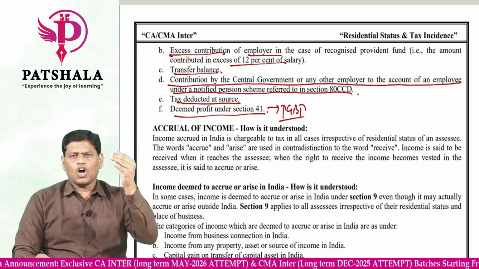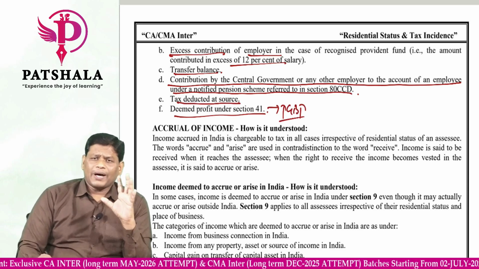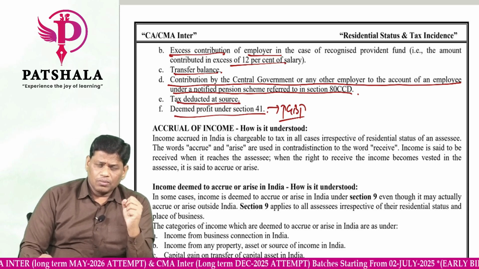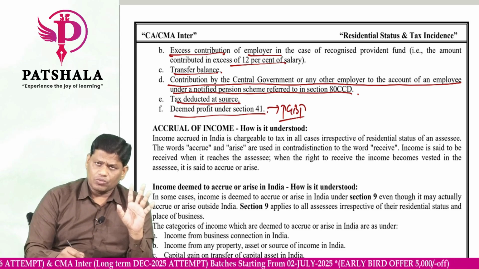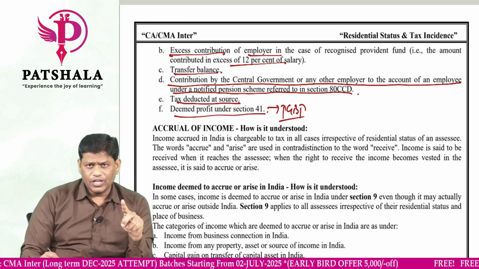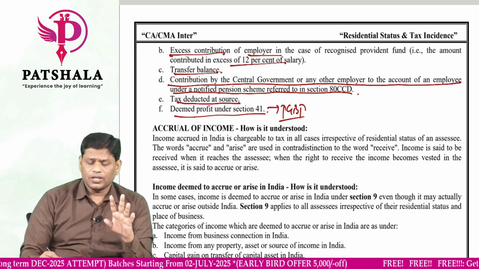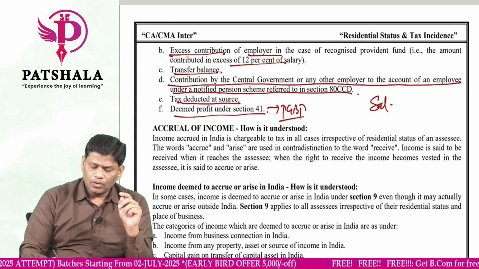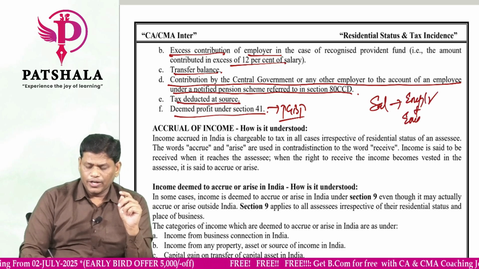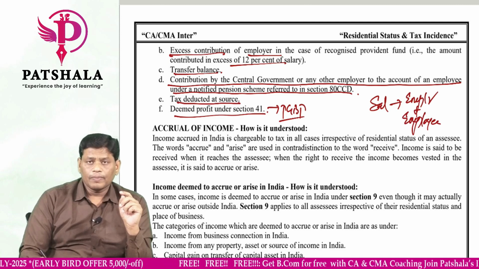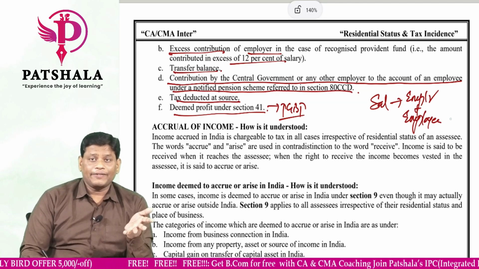In all these cases, the money will not be in your control, but it is in your control. Just to understand this, in all these examples, whether it is interest, provident fund contribution, pension contribution. When you go to the salary chapter, the employer will make a contribution, the employee also will make a contribution, but the employee directly will not do it.